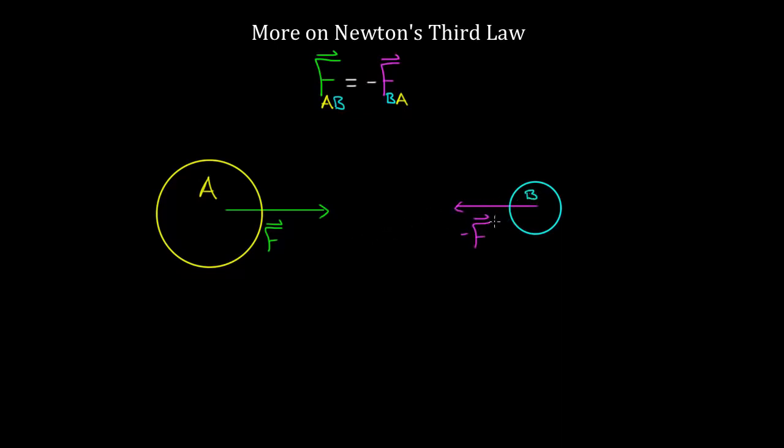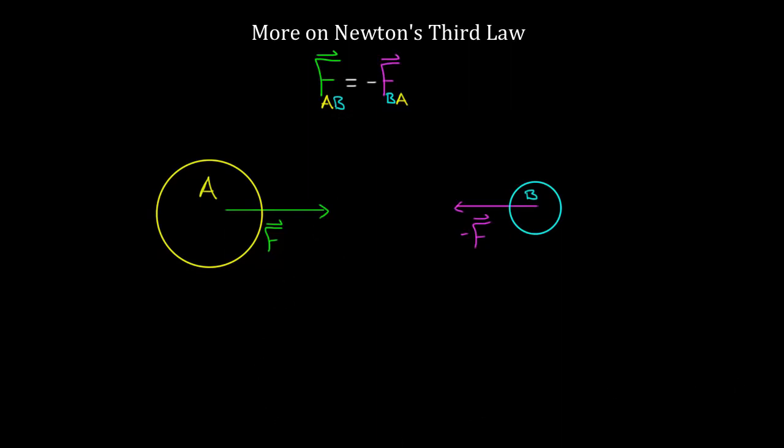The reason these forces can't cancel is because they're on two different objects. But when you just say Newton's third law is that every force has an equal and opposite force, it's not clear that it has to be on different objects, but it does. These Newton force law pairs, often called force pairs, or Newton's third law partner forces, are always on different objects.